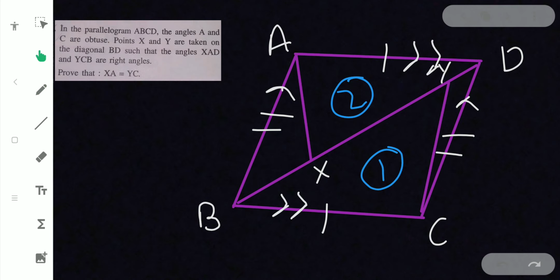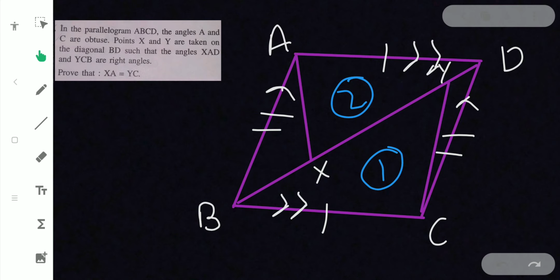Now I am having another thing to prove. So now I have proved this line AD is equal to BC, and these two angles, angle XDA and angle YBC. So I should prove another thing that may be angle or side in order to fulfill my congruency.